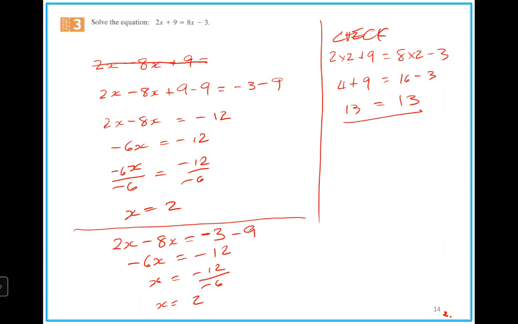Or you could shorten it that way by transferring the 8x over to the left-hand side, and the 9 over to the right-hand side. So you do the two transfers at the same time, and then you simplify and solve for x.